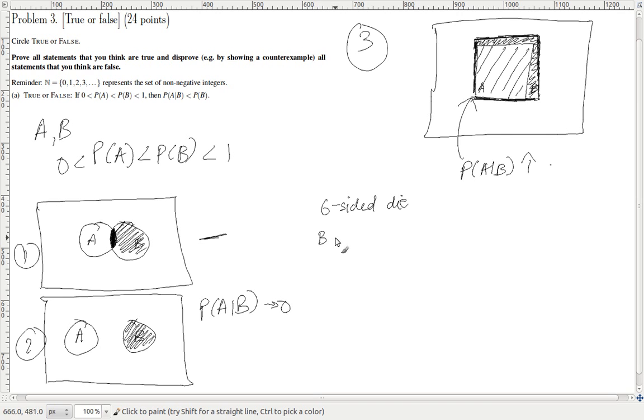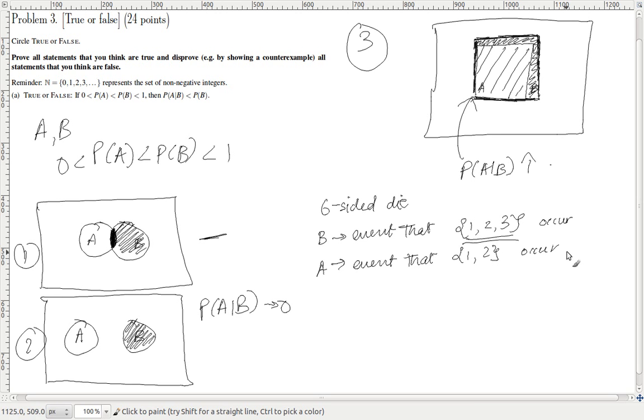Let B be the event that one of 1, 2, 3 occurs, right, that one of these three occur. Let A be the event that 1 or 2 occurs. So you know that when A happens, B definitely happens.